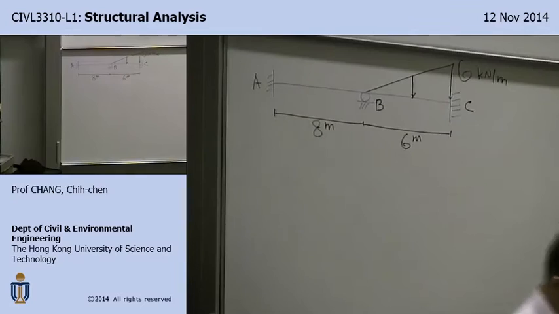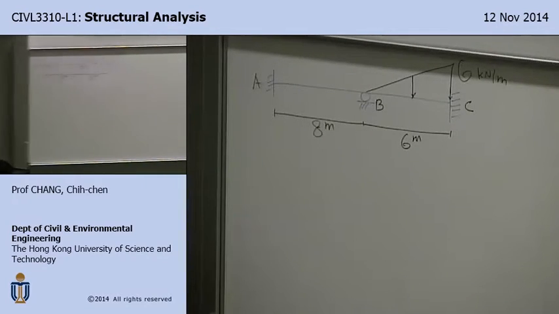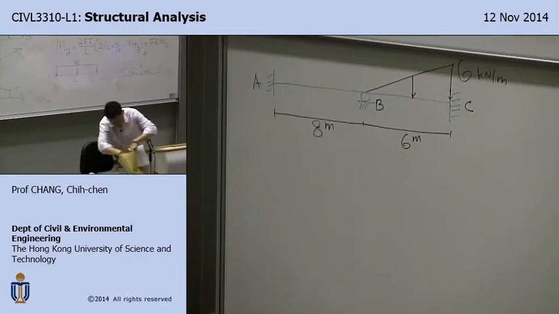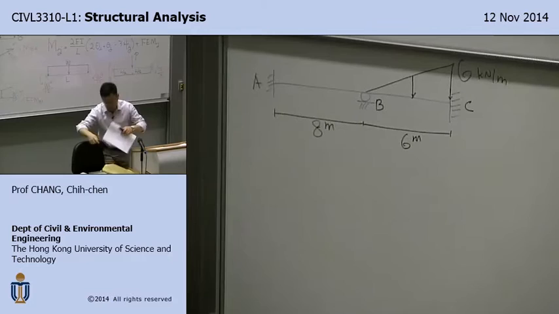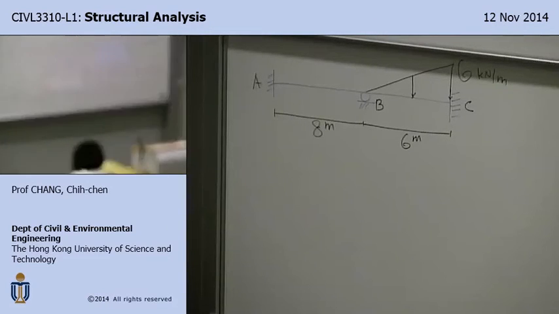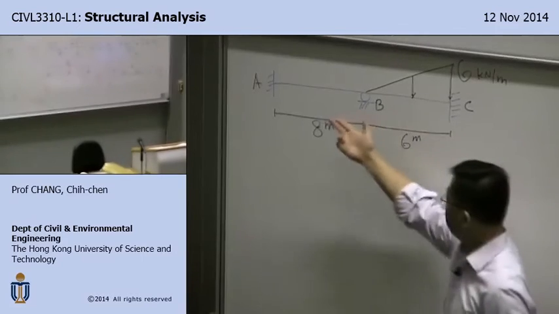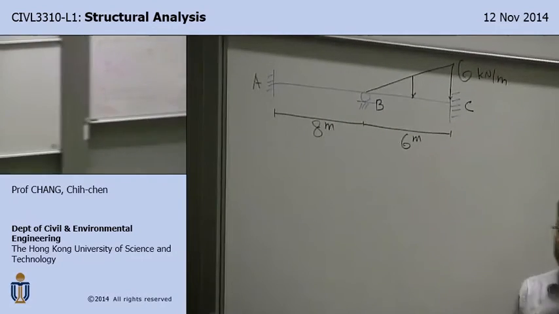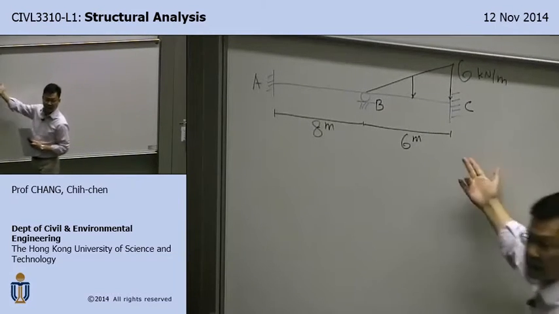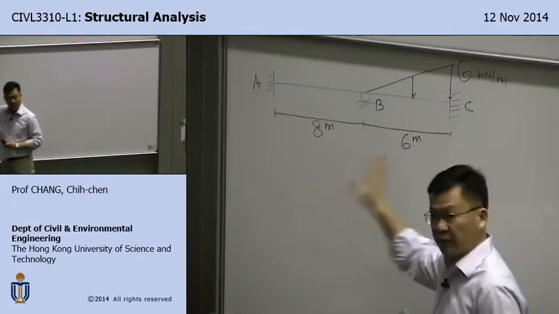Okay, let's take a look at this structure. So identify degrees of indeterminacy. So clamp, and then roller support. So you know very clearly, very straightforward, this is a 4-degree indeterminate structure.